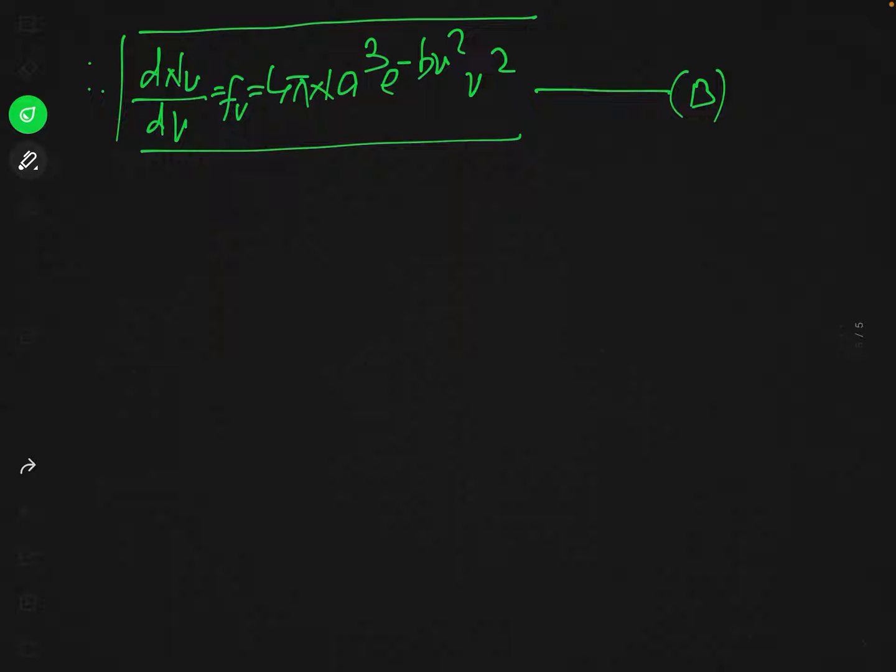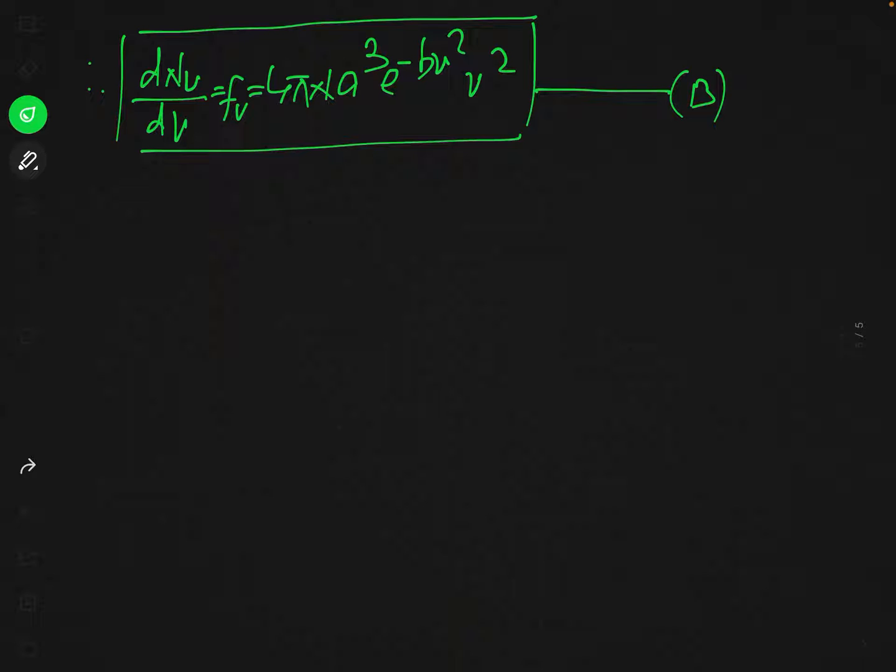Actually we will discuss in detail the graphical variation of this Maxwellian distribution function after some time. I am here interested only in getting the result, and after getting all the results we will discuss separately the nature of such results with the help of graph.